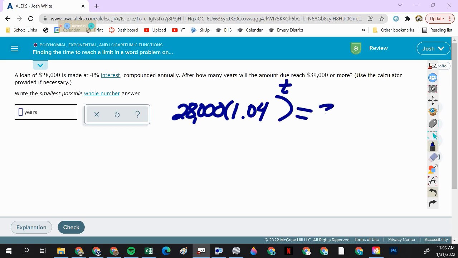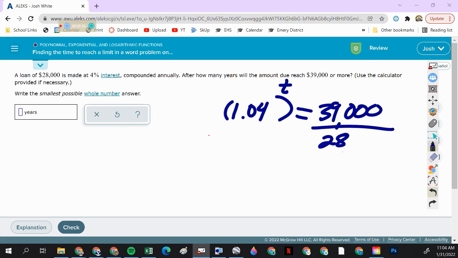How long is that going to take to reach 39,000? Well, when you're going to take the log of both sides, you have to isolate the base and the exponent. So I need to get rid of that 28,000 before I can ln both sides. Divide by 28,000.